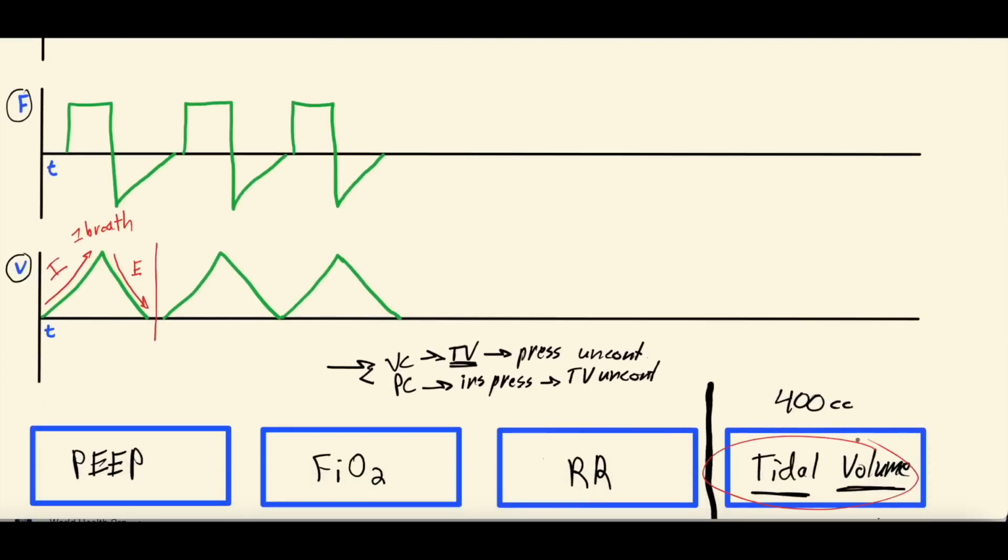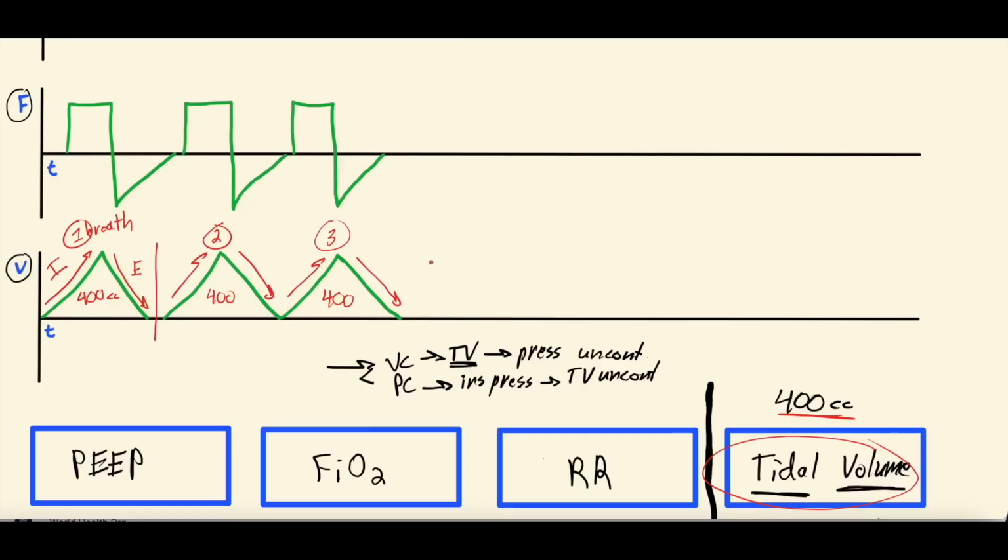It should be about that tidal volume. So if you set 400 cc's, each one of these breaths should be about 400 cc's of air. And you can see that repeated, right? Inspiration, expiration, inspiration, expiration, right? And this should be about 400 each time. And this would be 3 breaths, right? 1 breath, 2 breath, 3 breath.